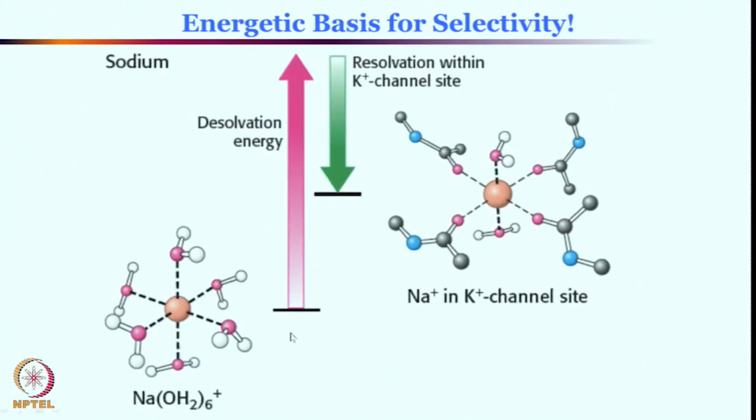So here is another thing. So this is hexa aqua sodium. As you see, the dissolution energy is pretty high, meaning if you want to remove, let us say, 4 of the water molecules from here, the dissolution energy will be this much. The energy gained due to the protein backbone interaction with the metal ion at the cost of these 4 water molecules is not that very high, as you can see, only this much.